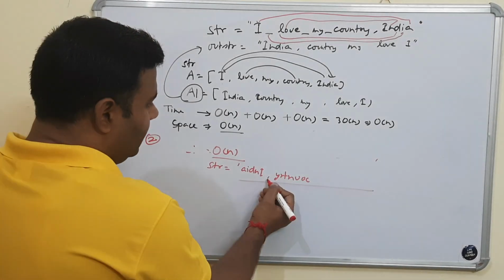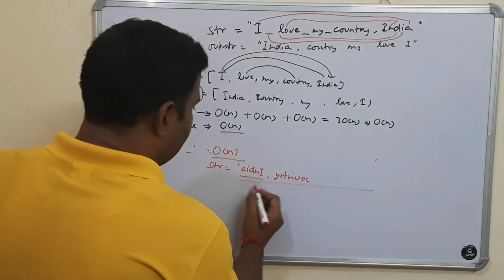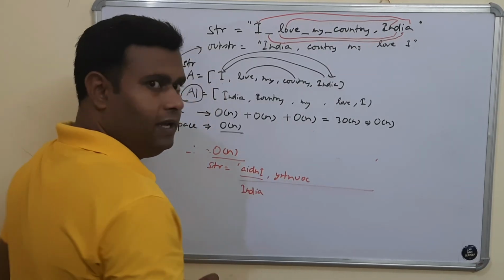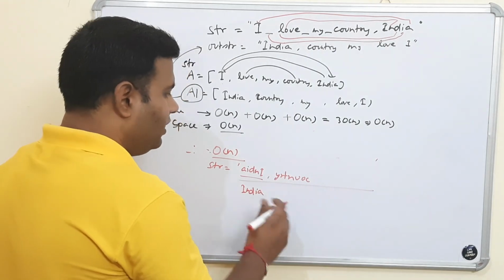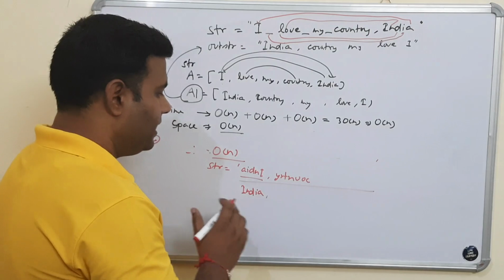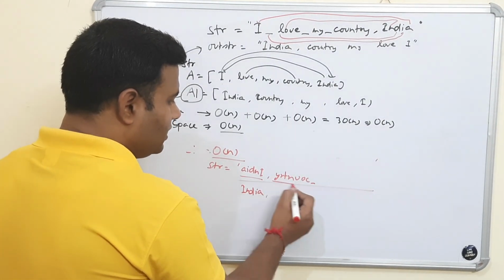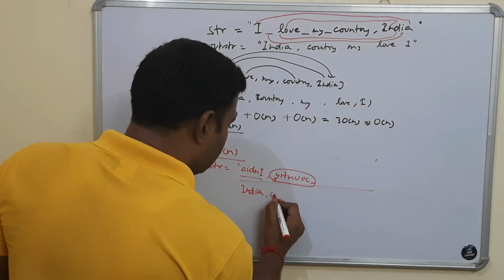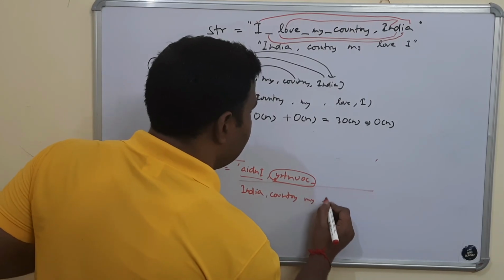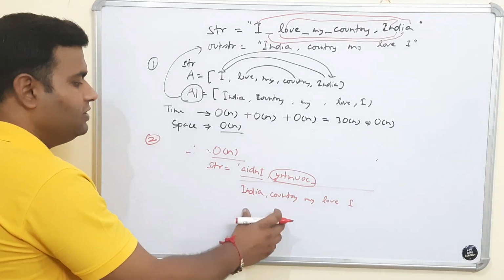You iterate till the point you find a space, and you swap. So here I, D, N, I, A, only this will be swapped. This punctuation mark can be considered a separate character, so it is only one character and will come as it is. Now because after this there is a space, only this will be swapped: country, and my love I. The same output will be generated with this.